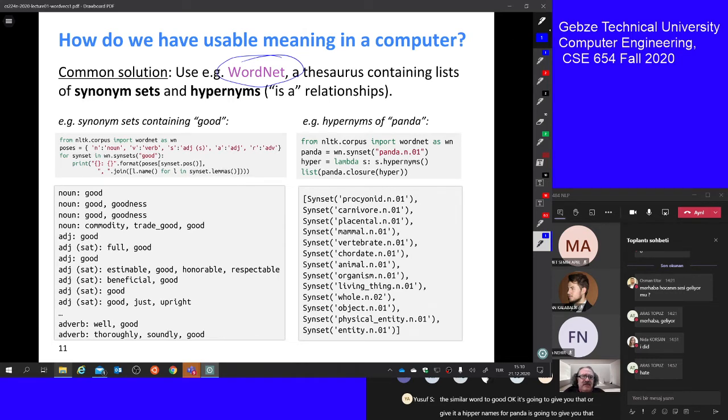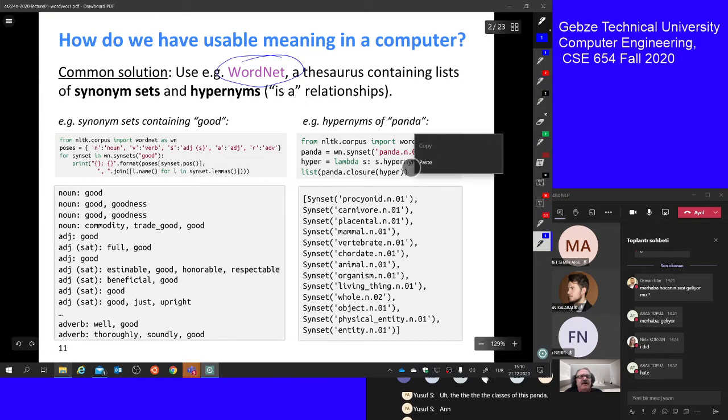Here is the Python code. It says from nltk.corpus import wordnet as wn, and under WordNet I am going to find the synset. Synset is the classes of this panda, and give me the hypernyms of this panda.